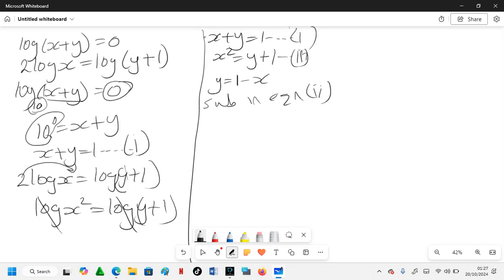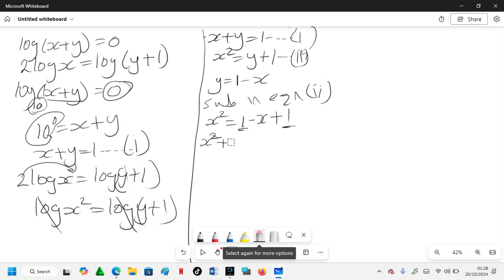So that equation 2 says x squared is equal to y plus 1, and our y is 1 minus x, so x squared is 1 minus x plus 1, all right? So 1 plus 1 is 2.